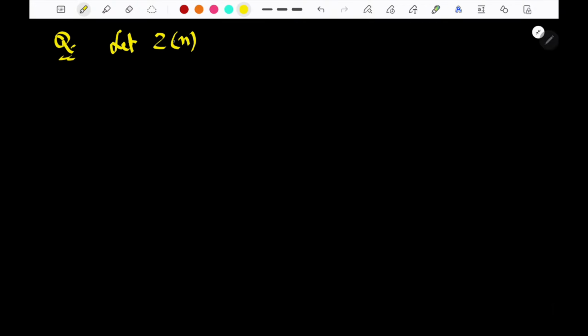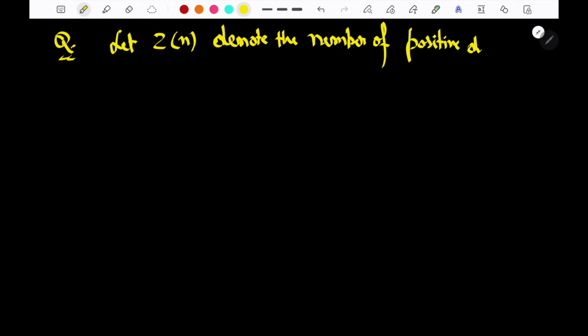Let tau of n denote the number of positive divisors of an integer n.